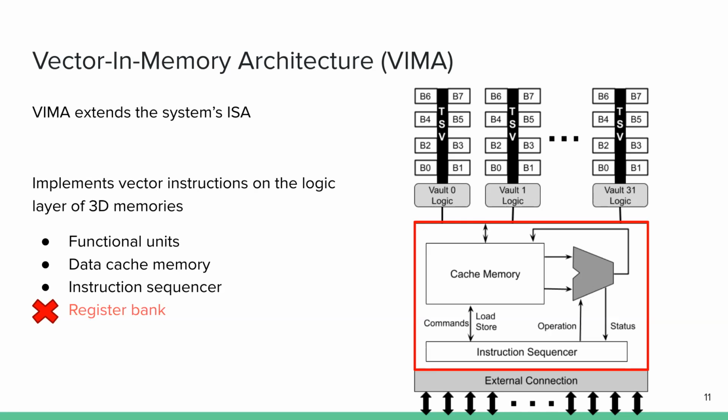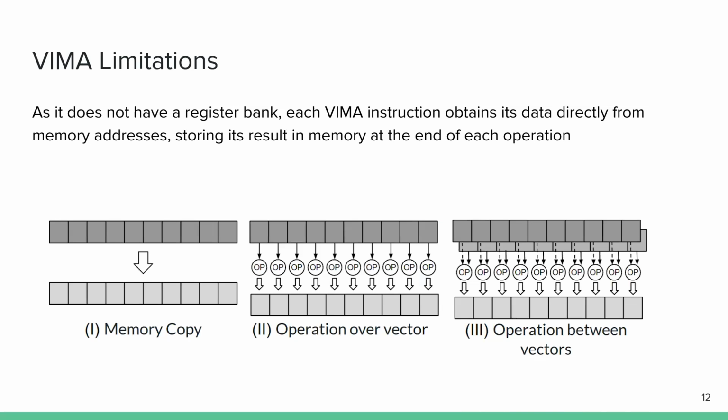However, VIMA does not present a register bank. Because of this, each VIMA instruction needs to read its operands and store its results directly into memory addresses. And because of this, they can be classified into one of three types: a memory copy, an operation over vector, or an operation between vectors.